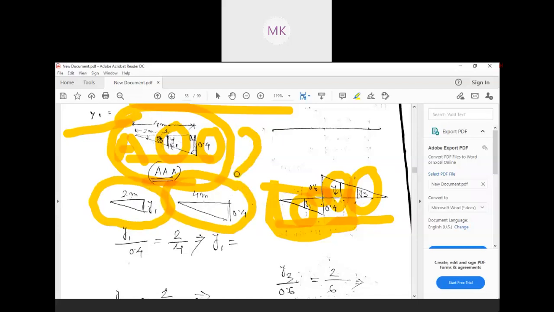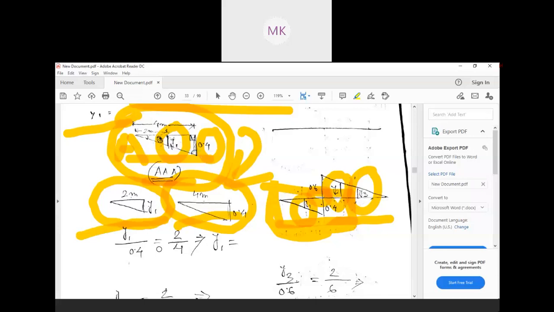There is one similar smaller triangle inside the bigger triangle, so there will be two triangles. One is this, one is this.